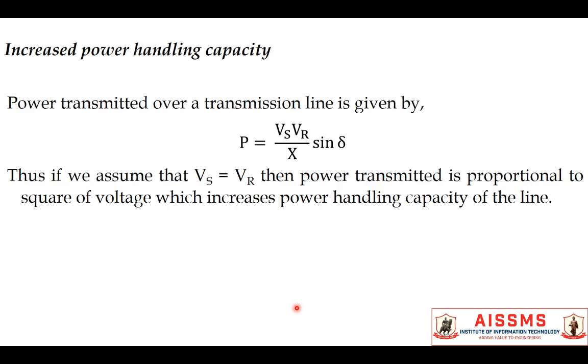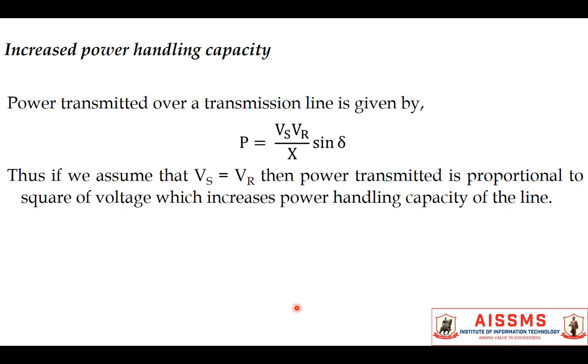Next advantage is increase in power handling capacity. Power transmitted over a transmission line is given by P equal to Vs Vr divided by X into sin delta. This is the power transfer equation in power systems.